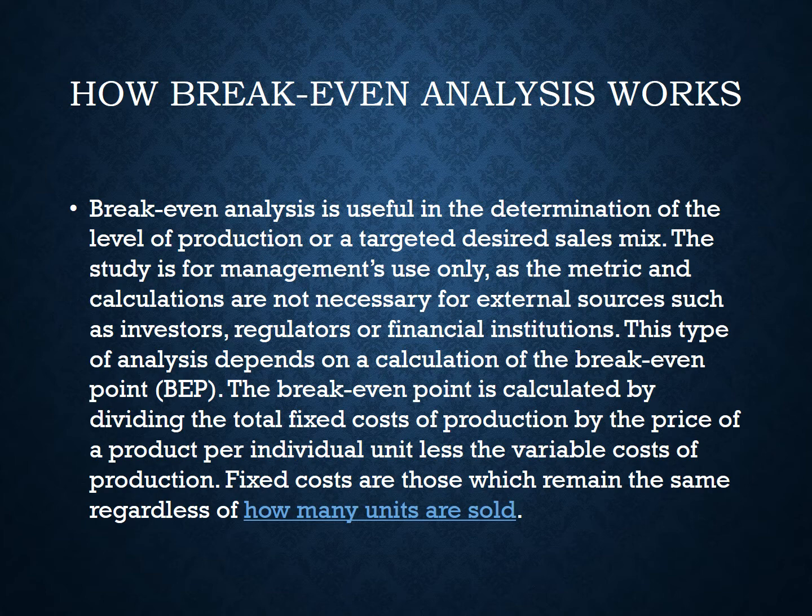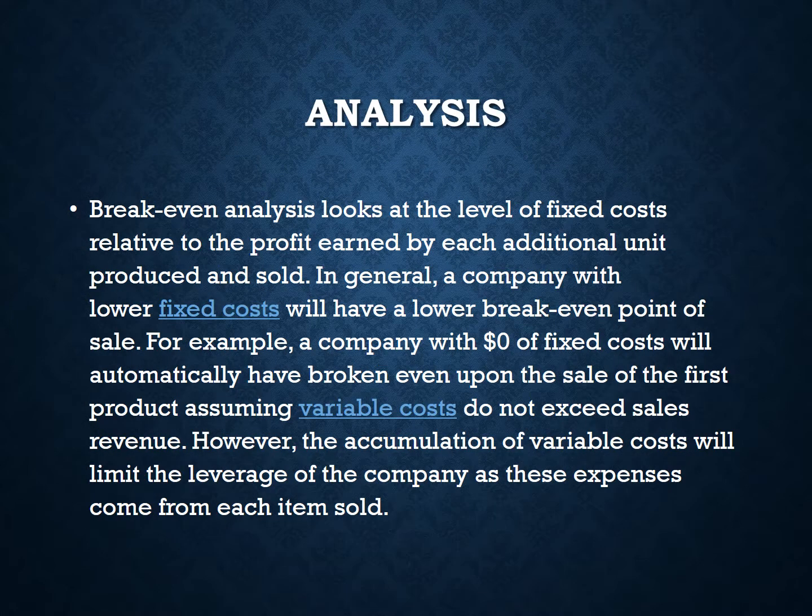Fixed costs are those which remain the same regardless of how many units are sold. Break-even analysis looks at the level of fixed cost relative to the profit earned by each additional unit produced and sold. In general, a company with lower fixed cost will have a lower break-even point of sale.